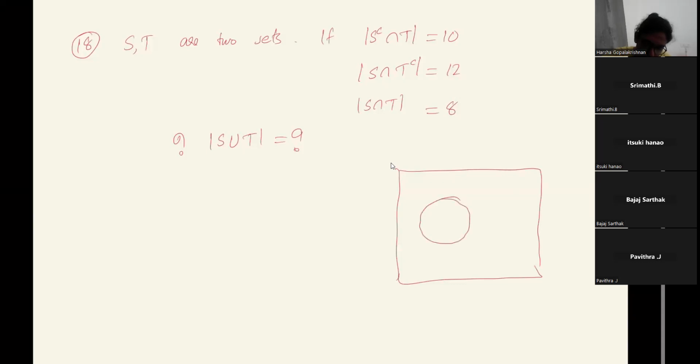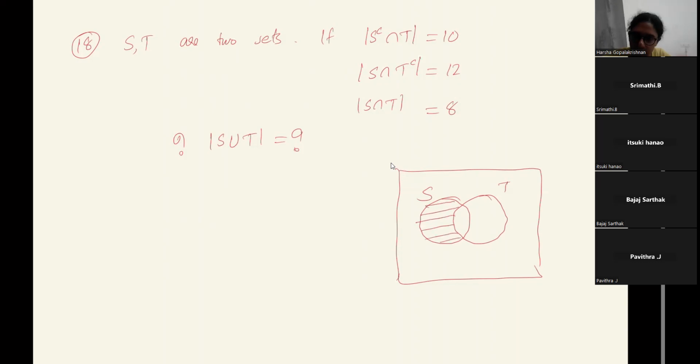This is our S. This is our T. Let us see what the given sets are. What is S complement intersection T? It will be this region, right? Yes, ma'am.